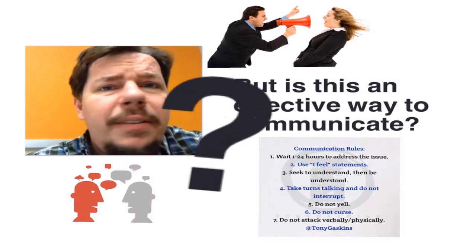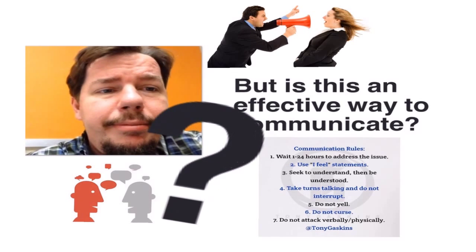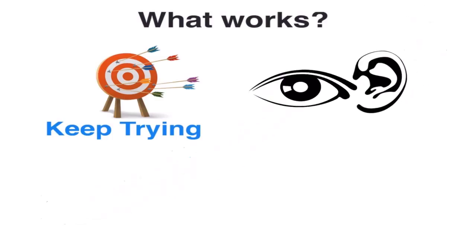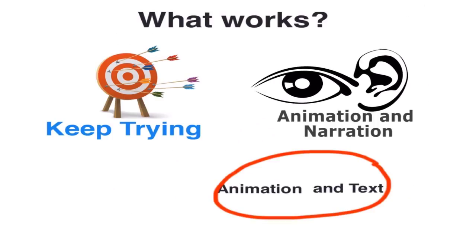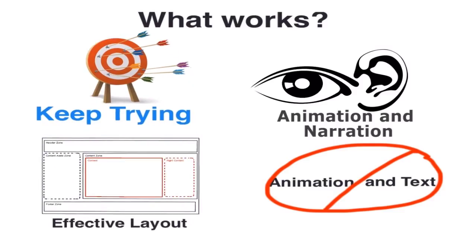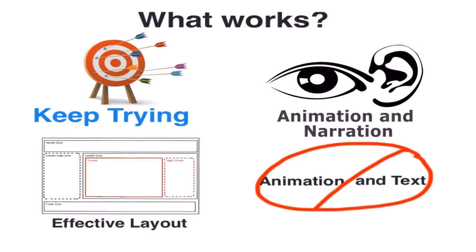But is this an effective way to communicate? Probably not. Effective multimodal communication works best when words and pictures are presented simultaneously and in close proximity, but also when extraneous words and images are removed. Animation and narration work better than animation and text, and well-designed layouts are shown to be extra effective when working with learners with low knowledge or with high spatial learning abilities.